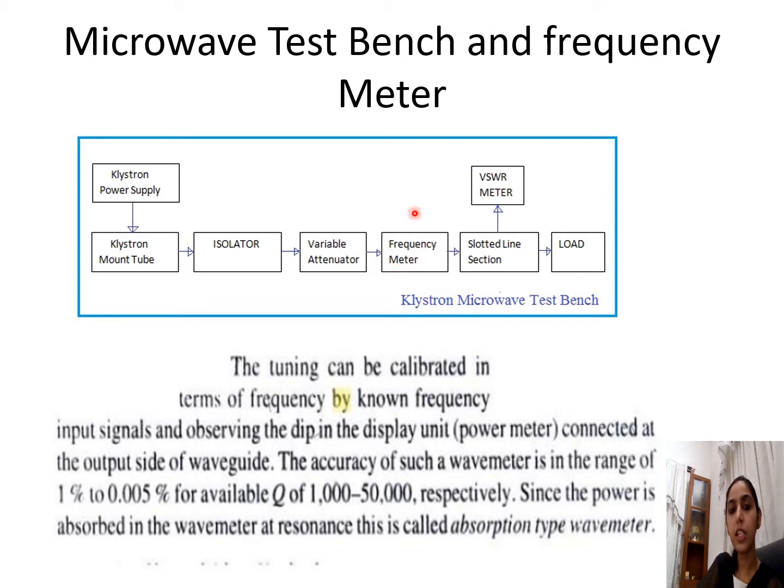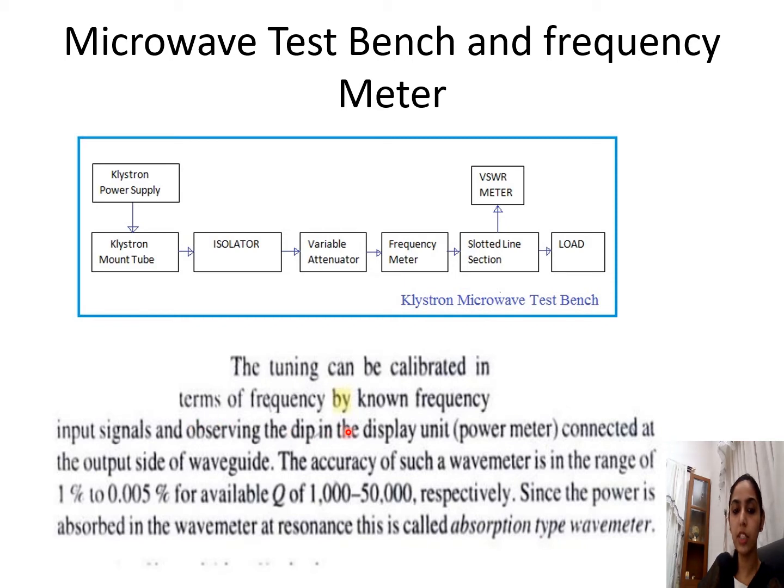So when the resonant frequency of that cavity is matching with the incoming frequency, there will be a drop in the signal. In the output part, if you connect a DSO, you can observe that you are getting a dip in the signal. The signals will not be fully absorbed, it will be only partially absorbed. So such a wave meter at resonance is called as absorption type wave meter.